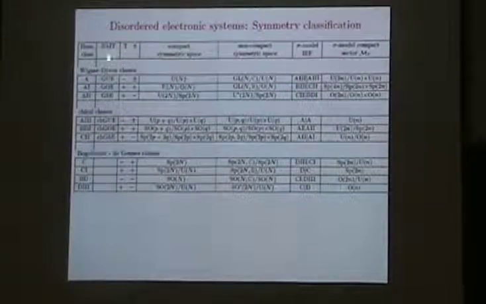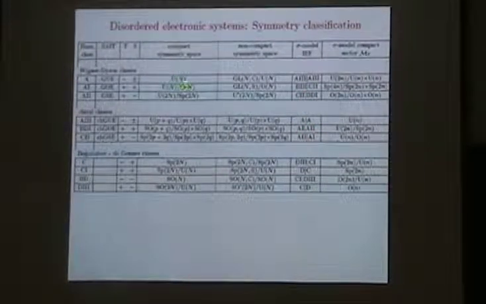So these are symmetric spaces, all classified by Cartan, with names which are letters A, B, C, D, and numbers 1 to 3 that are related to the classification of root systems. And so the sigma model will have a compact and non-compact base. So the base of the manifold will be a product of something compact and something non-compact, and each of them will correspond to one of these.